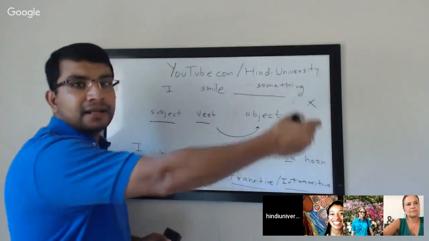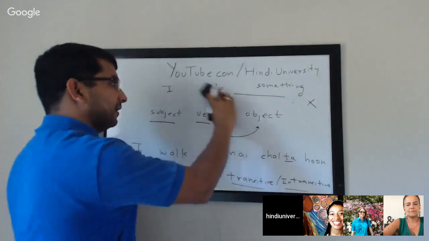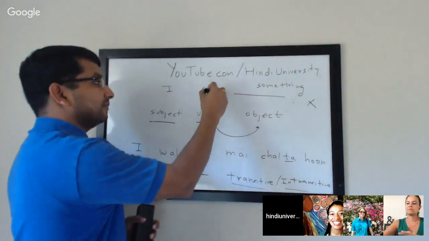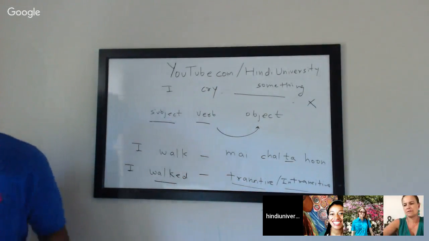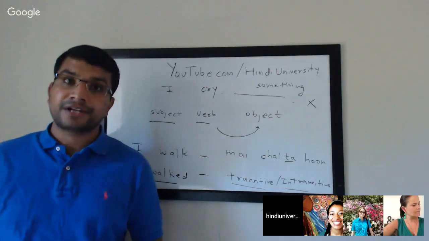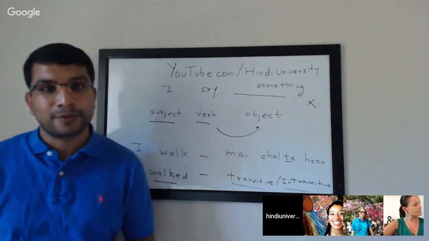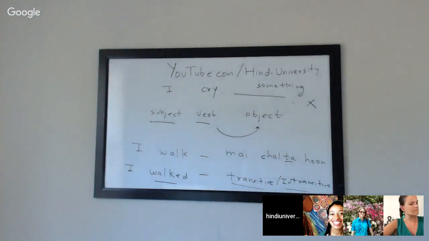You don't say I smile and then something after that, or I cry, and then something followed by that. So all these verbs, where there is no direct object receiving the action, those are called intransitive verbs.